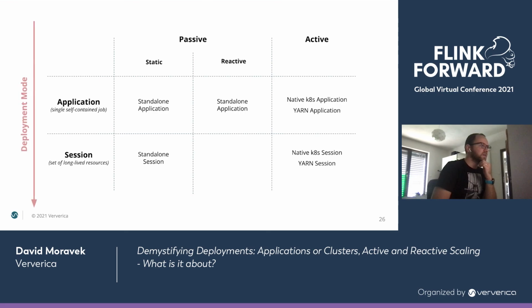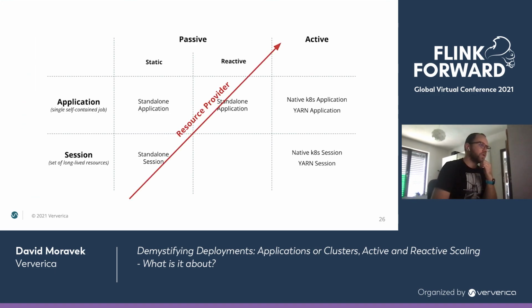Then on the second axis, you can choose between different deployment modes, namely between application mode, which is this single self-contained job, basically where you distribute a Flink cluster bundled with your job, or you have a session cluster, which is this set of long-lived resources, and you can use this cluster to submit interactive jobs into it.